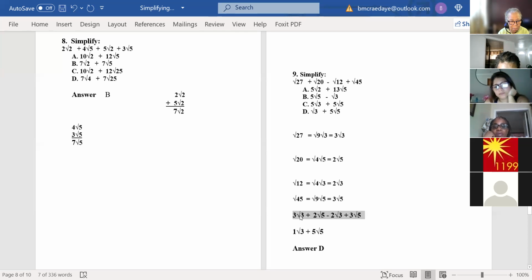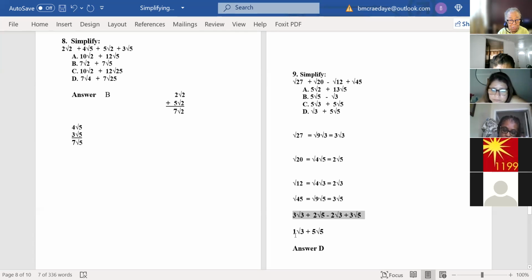So you can only combine this 3 times square root of 3 with the minus 2 times square root of 3. That's why you have 3 minus 2, and it gives 1, which is the same as square root of 3, right? Because normally the 1 is understood, you don't have to put it, but I put it here to show that when you take 3 minus the 2 coefficient, you get a 1.